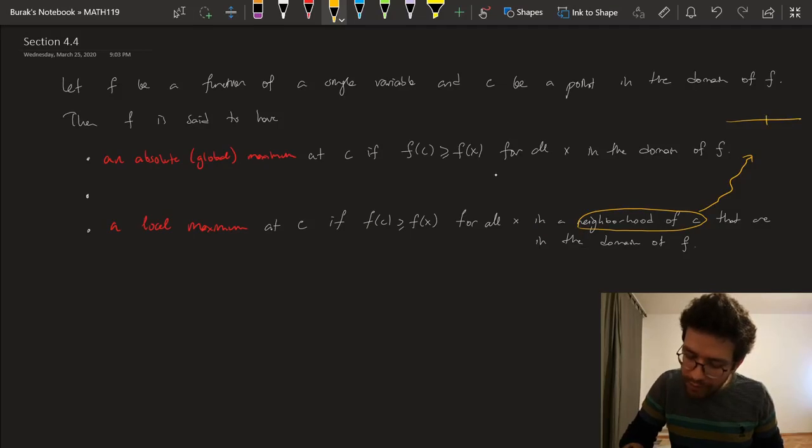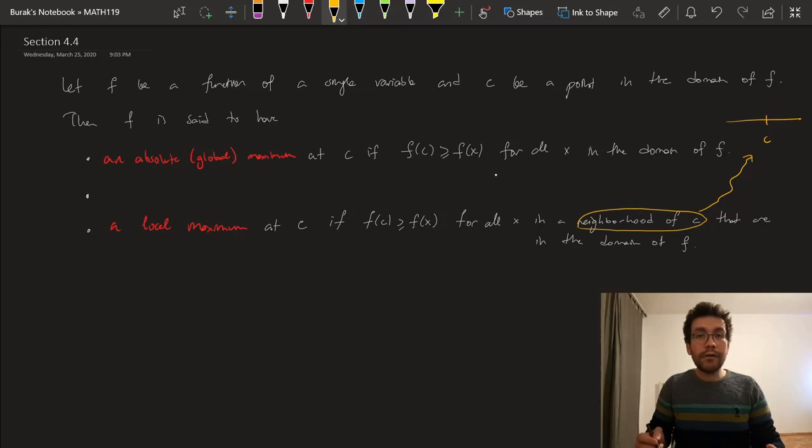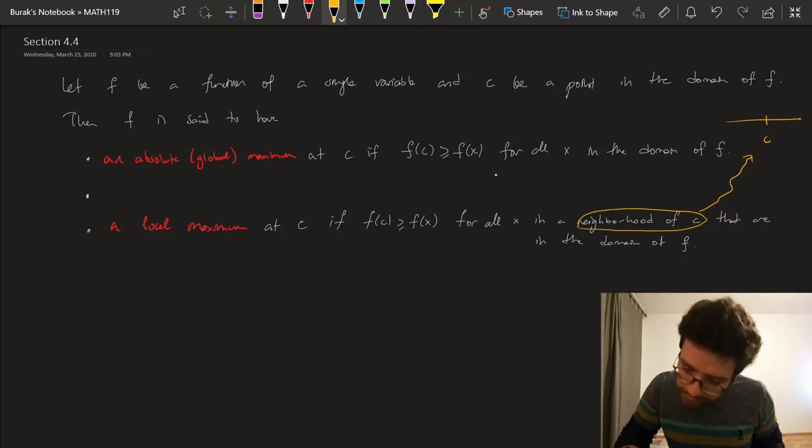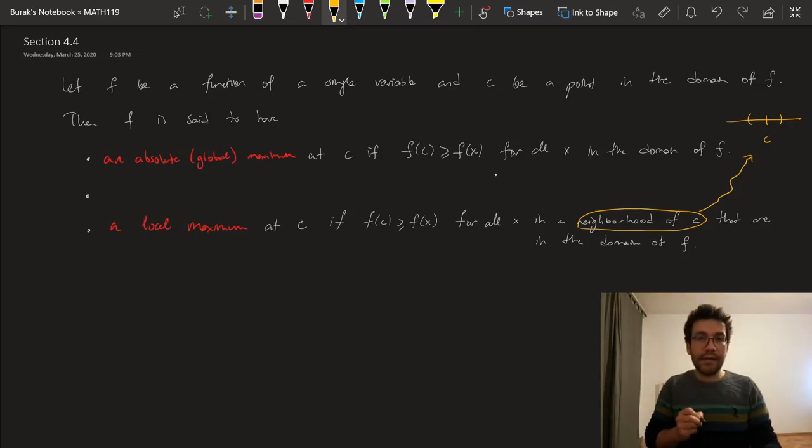Now, when I say a neighborhood of c, what I mean is, here's the number line, here is c. A neighborhood is simply an open interval around c. It may be that c is the endpoint of the domain of f, in which case I can't consider one side.